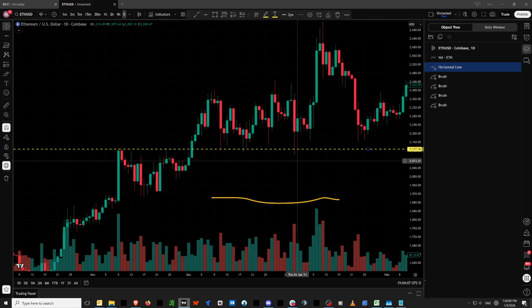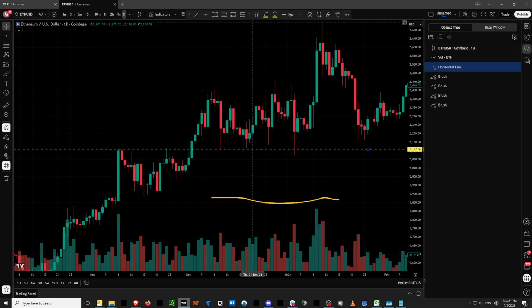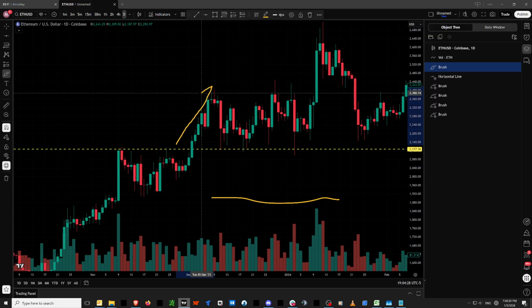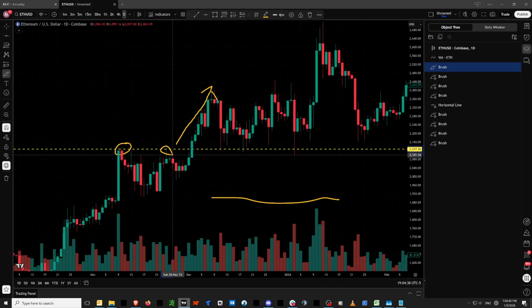And I mentioned that we're going to talk about liquidity here. So what is liquidity? All these people that went long here, let me get my little scribey tool up here. All these people right around in here that went long, their stops are based on this old resistance line.